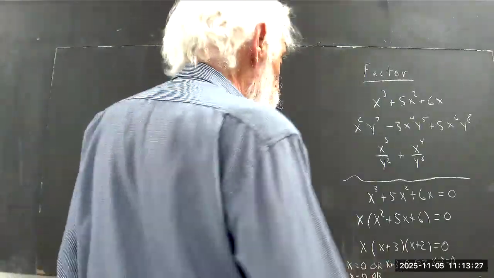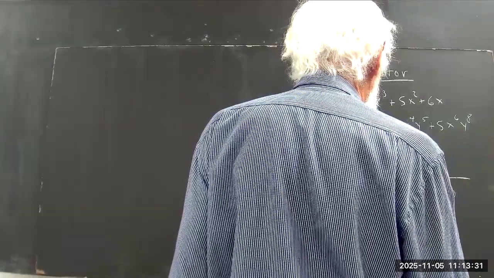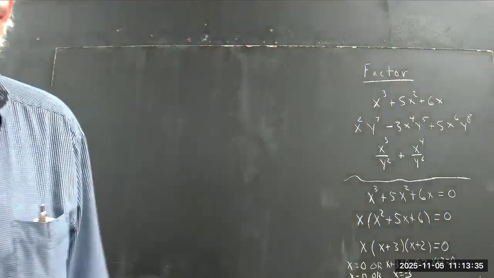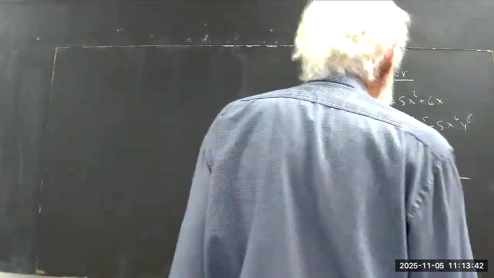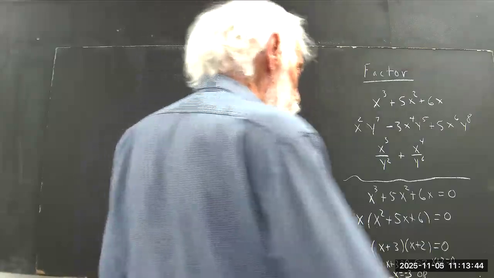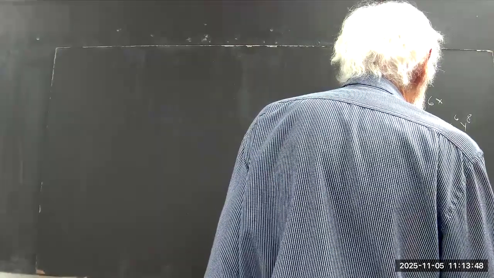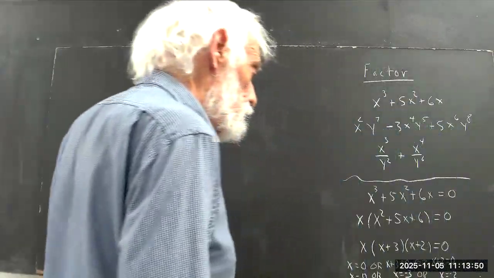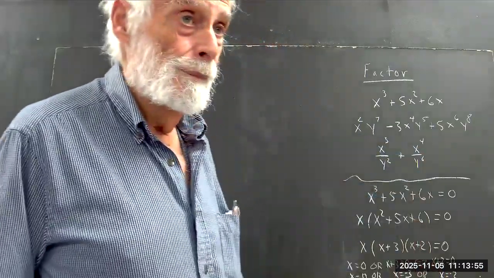So you can do that almost by inspection, but if you need to do algebraic steps, you can add -3 to both sides. And here, x equals -2. So there are 3 solutions to this equation.